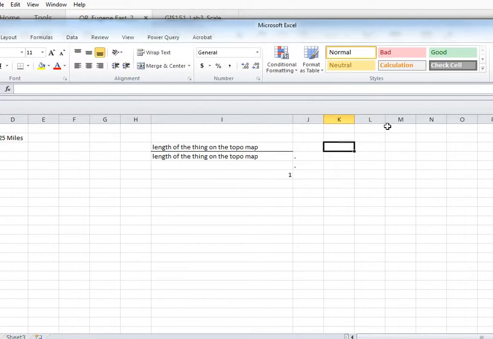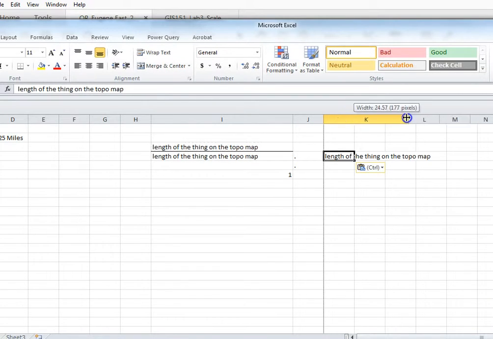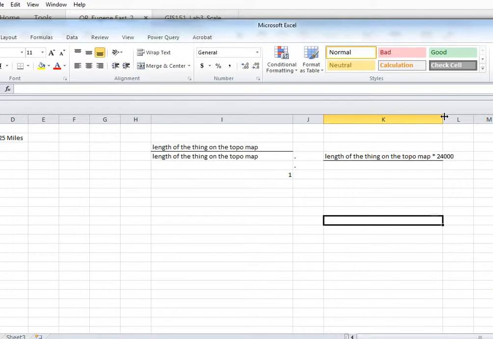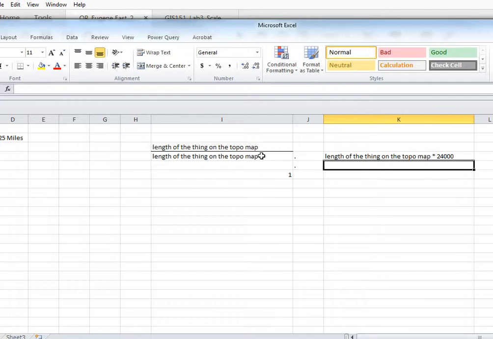And then you're going to take the length of the thing on the topo map times the scale of that particular topo map. And then you're going to divide that.